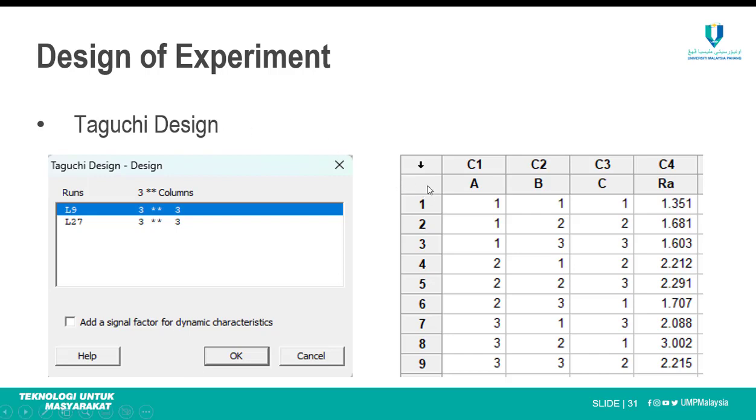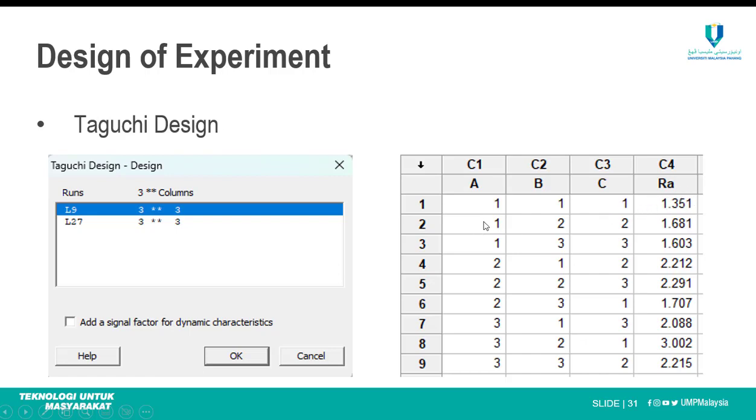So for this one, we conduct an experiment, which means that we set our process according to these levels, for the first factor, second factor, and third factor. For experiment number one, we set all the factors at low level, and then we conduct our experiment and measure the output, in this case the surface roughness.